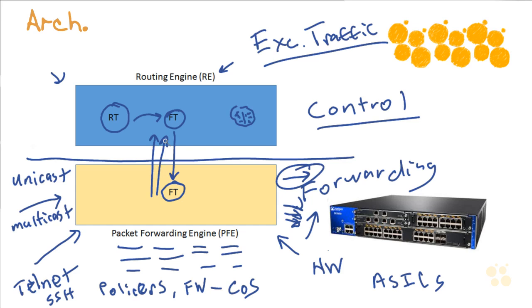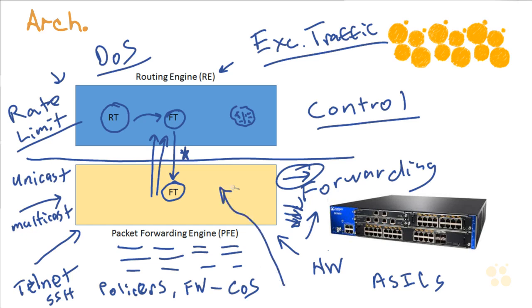Now, it's a little scary that traffic is moving up into the control plane. And that's why Juniper will rate limit that traffic by default with you having to do nothing. It'll rate limit on that internal connection between the forwarding and the control plane, and of course it's doing so to guard against denial of service attacks. Think about it. Routing protocol traffic is another example of traffic that's going to go up to the routing engine.